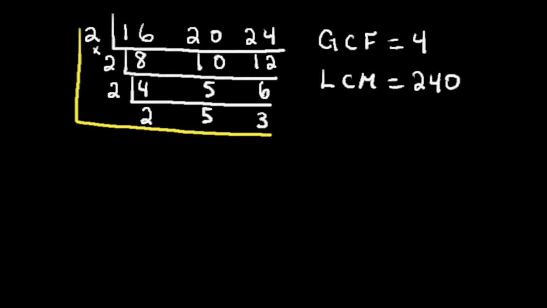All right, and last but not least, let's go over the method that contains a Venn diagram. I'm going to wipe this clean now. So let me draw the Venn diagram first. We have the first, second, and the third circle, and we're working with 16, 20, and 24.